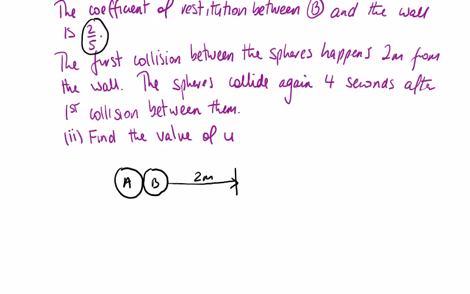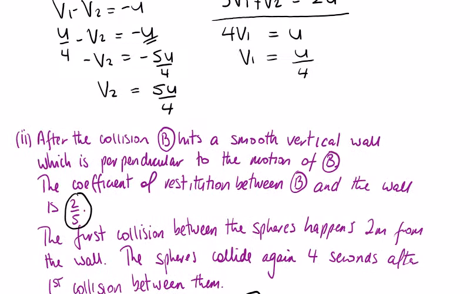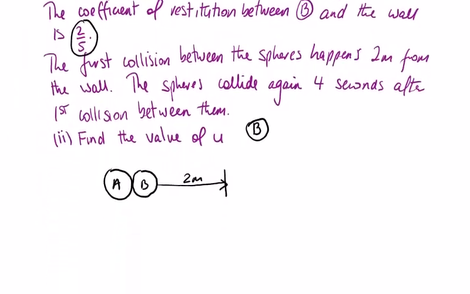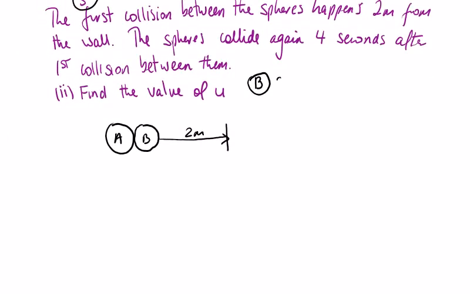So let's look at the information that we have for B to begin with. We have a speed, 5u over 4, with v2. So B is traveling at a speed of 5u over 4. The distance to the wall, we also have distance, which is 2. So we can get the time.